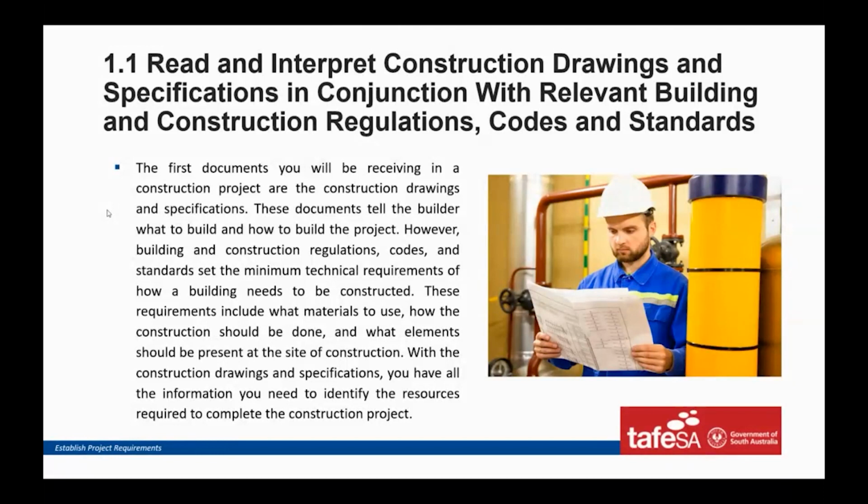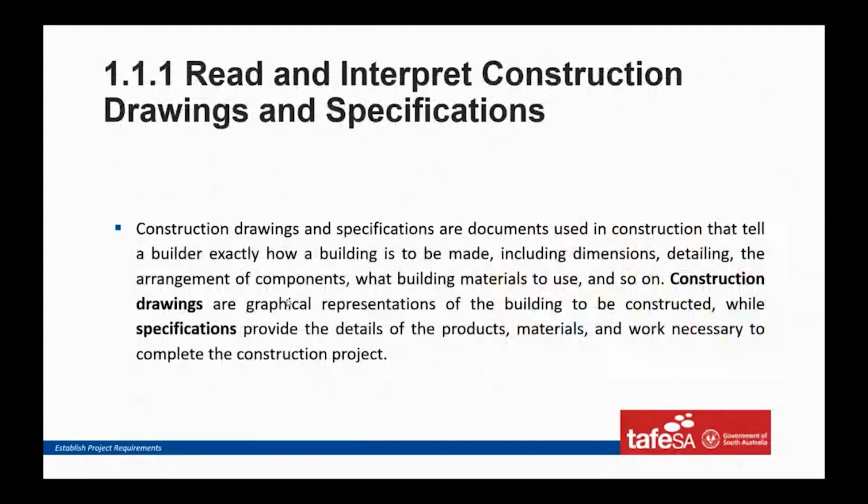before it gets to the construction point. So the first documents are the construction drawings and specifications. Also, all of these should comply with construction regulation codes and standards. These include what material to use, how the construction should be done, what elements should be present at the site of construction. And so this is really a key aspect of estimating.